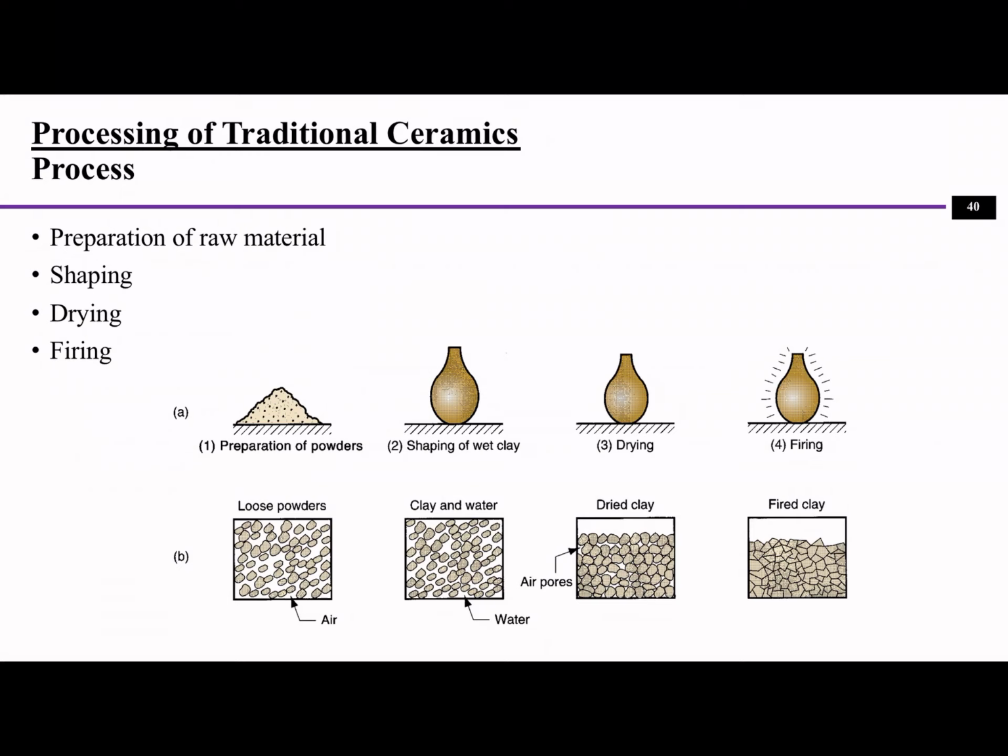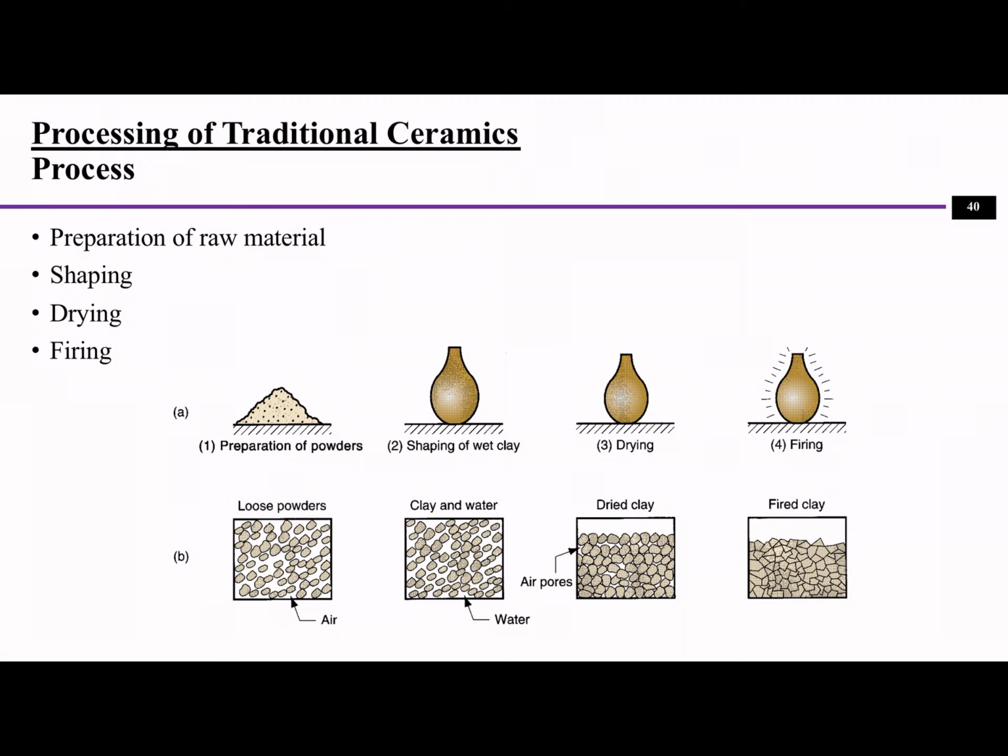The typical process for traditional ceramics is similar to powder metallurgy. First we prepare the raw materials, making sure the particles are consistent, and next we form those particles into a certain shape, and then we dry it. Drying means evaporation of the water, letting the part sit for a while so that some water can evaporate.